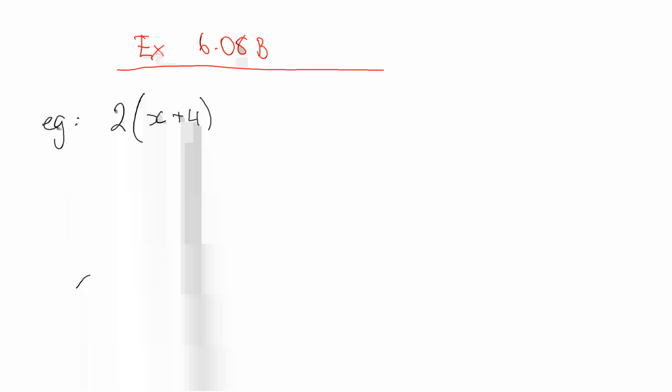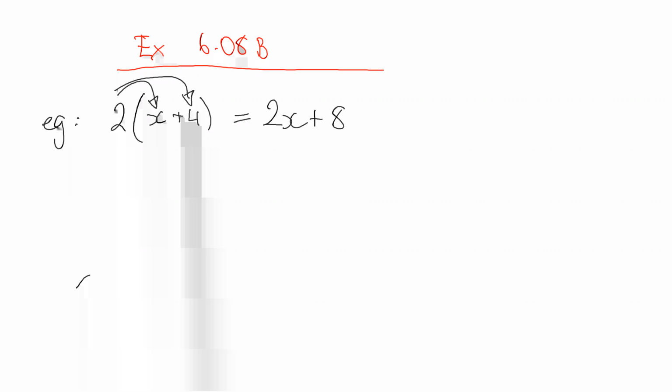We're going to expand this bracket out with the number that's outside the bracket. The rule that we've applied is we multiply the number outside the bracket by the numbers and letters inside the bracket. So in this case, 2 times x is 2x, plus 2 times 4 is 8. So it's a plus 8. That's why we have a plus there.